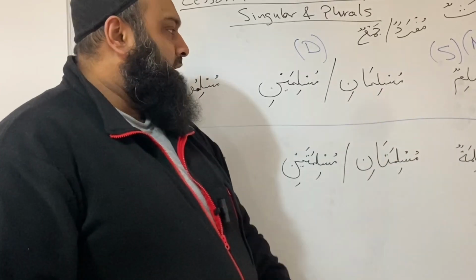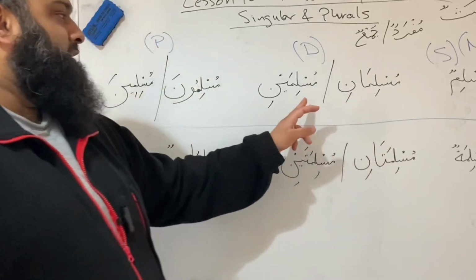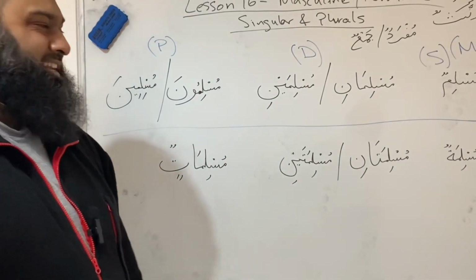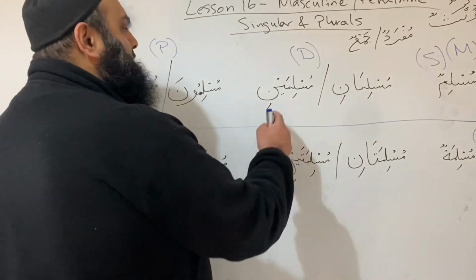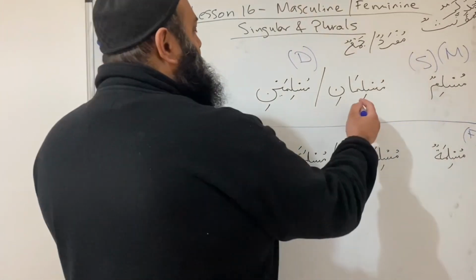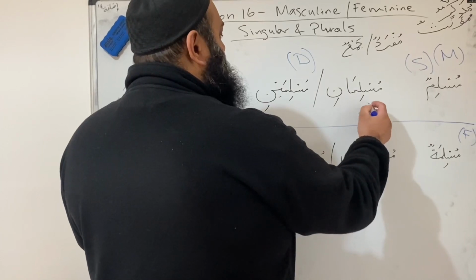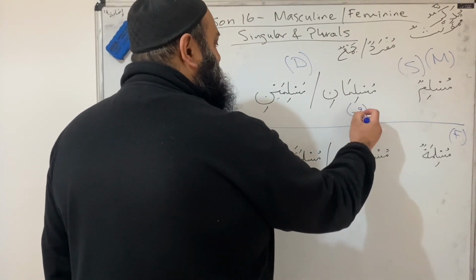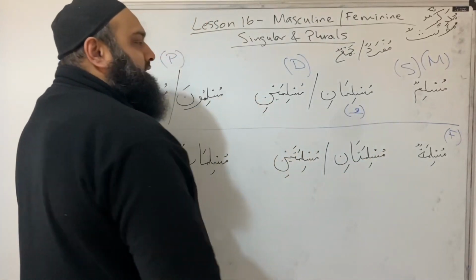And Muslimaini also refers to two male Muslims. So what's the difference between Muslimani and Muslimaini? The difference is that this is in the case of rafa', with a dhamma added there. So this is not a waw, this is a dhamma, by the way. Let me add that line there so we know.